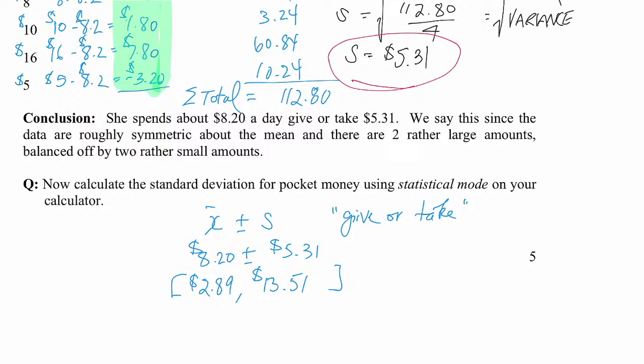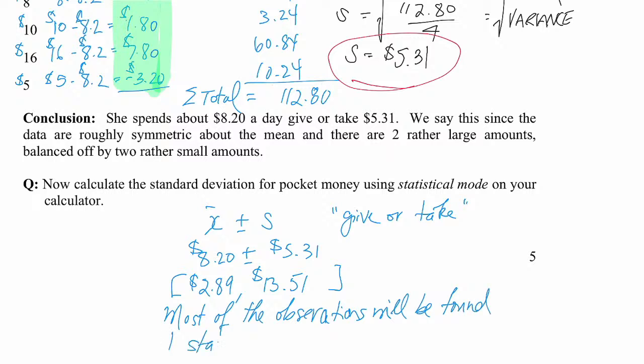Now, this is saying that most of the observations, that's how you interpret 1 standard deviation. Well, let me write it in words below. Most of the observations, so the majority, will be found within 1 standard deviation from the mean.